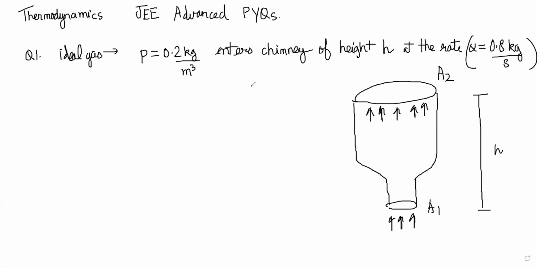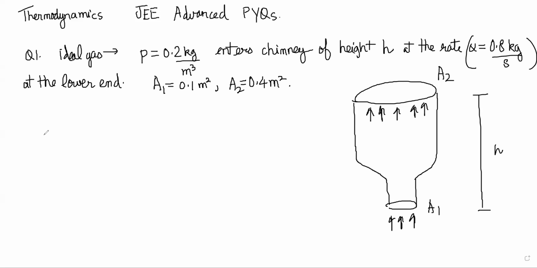This rate of entry is at the lower end, and the gas escapes through the upper end as shown. The cross-sectional areas are shown, A1 and A2. Here A1 value is 0.1 meter square and A2 is 0.4 meter square.